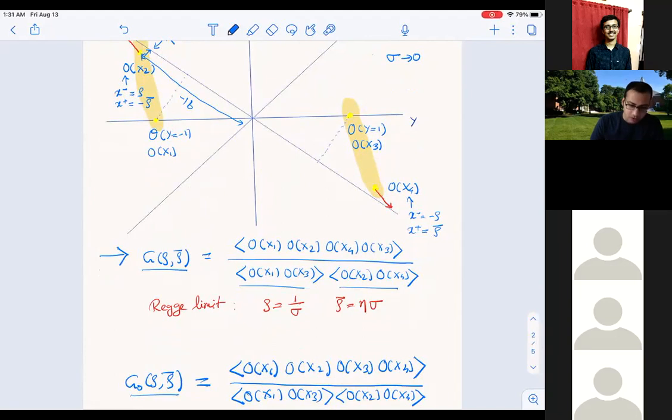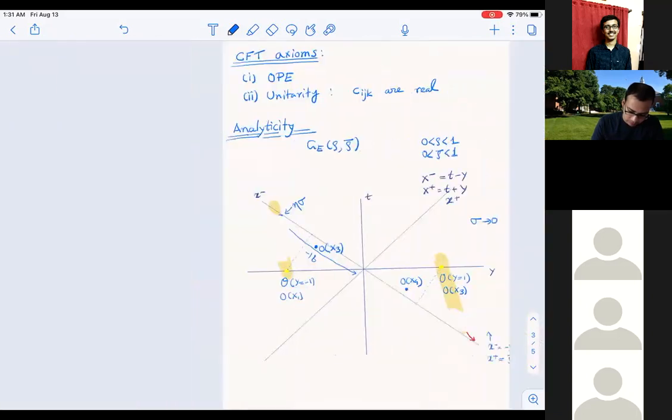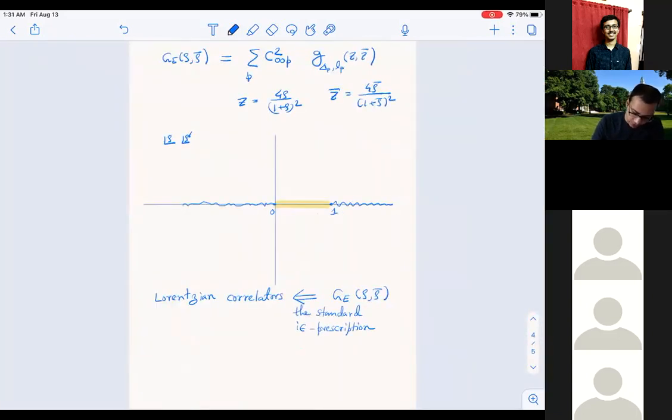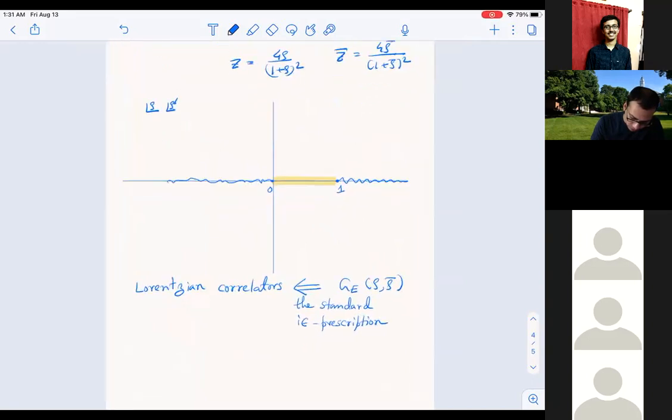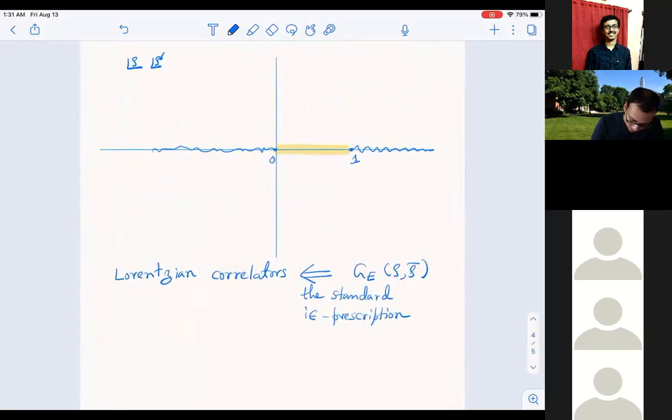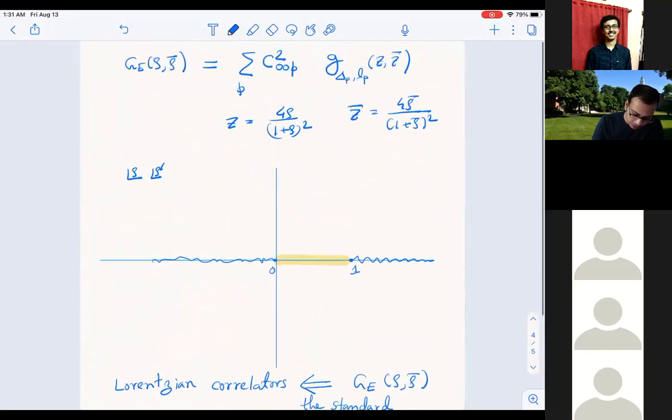So G naught is actually very easy to calculate from the Euclidean correlator. We have this Euclidean correlator, and G naught when rho is greater than 1 is basically the Euclidean correlator that was here, which, if you look at the right-hand side, is a function of only Z and Z bar.